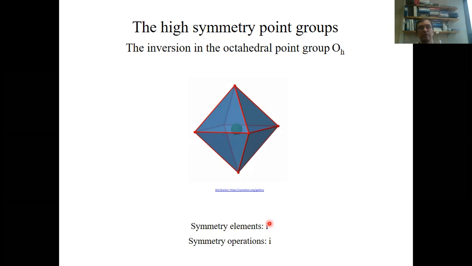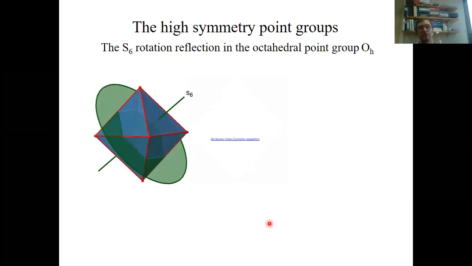So now, in addition, we have to consider the improper rotational axes associated with the point group OH. The one with the highest order is an S6 improper rotational axis. And that improper rotational axis goes to the center of a triangular face, and actually to the center of 2 opposite triangular faces.